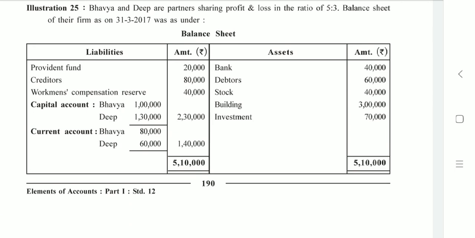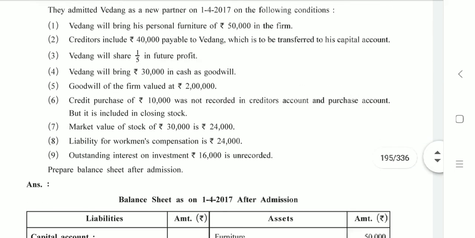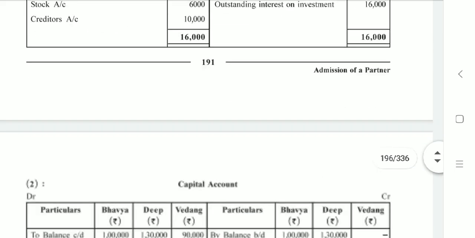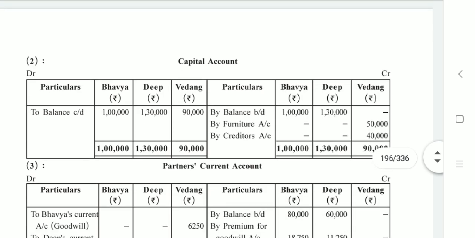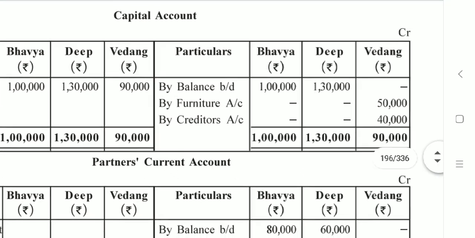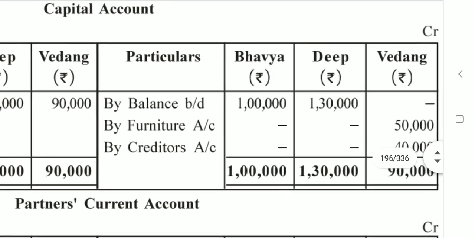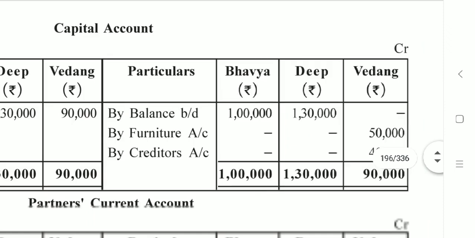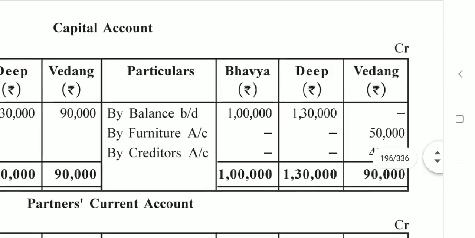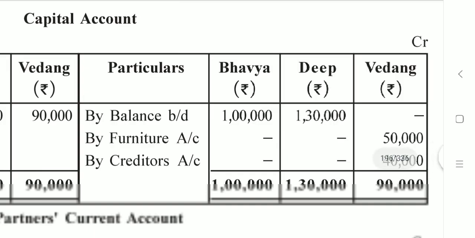Alright? Then, the next step is, whatever ledger accounts you have prepared, you are supposed to write down their opening balances. देखिए, partners capital account मैंने बनाया है, तो I have written the opening balance of Bhavya and Deep, which is 1 lakh and 1,30,000 respectively.